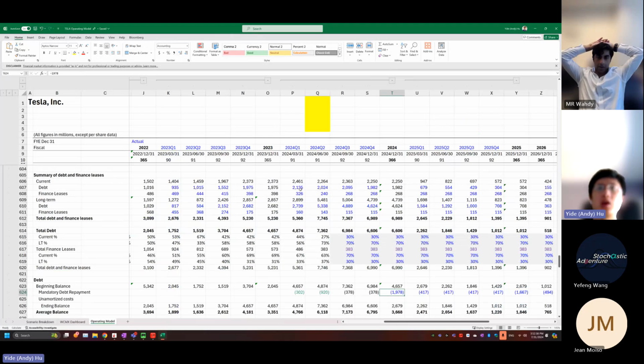It shouldn't be this number. It should be this. Oh, sorry, this. The 2024. For current portion. Yeah, so current portion as of Q2. Yeah, that's the current portion, right? And then Q3 should be Q2 minus the amount paid out, right?